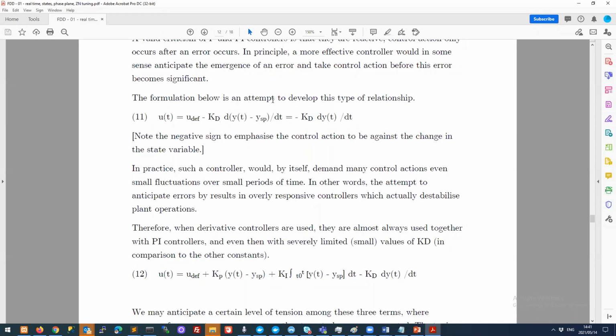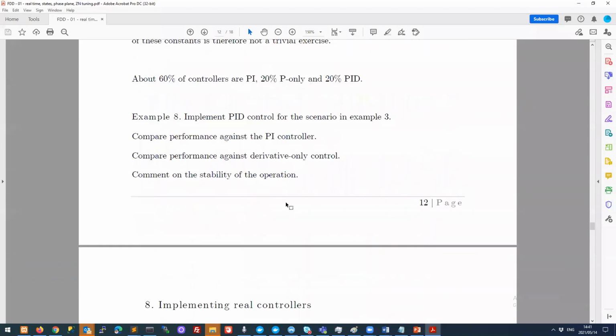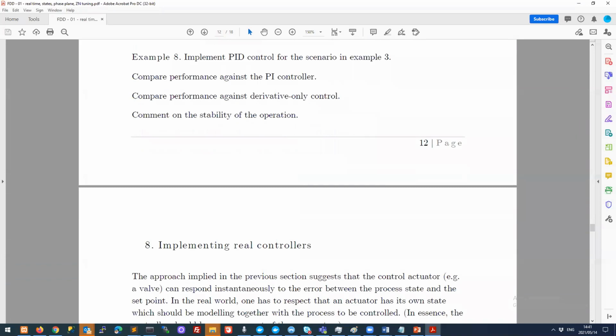So in a sense, a derivative is trying to predict when you are moving away from the set point. So you try to be predictive and control yourself before you go out of control there. Okay, so anyway, we'll talk about PID controllers in more detail as we go. Any questions or comments so far?